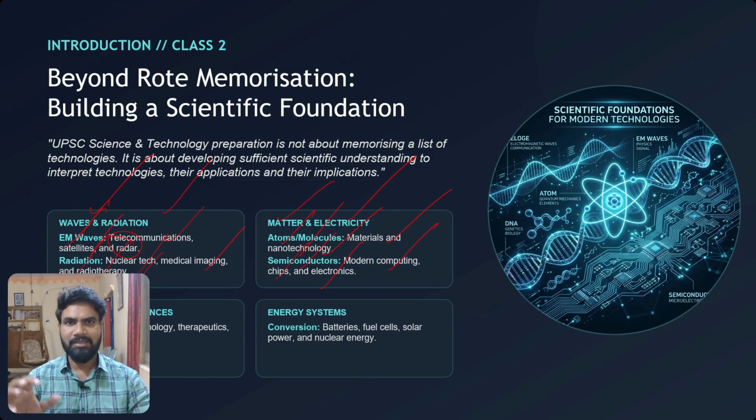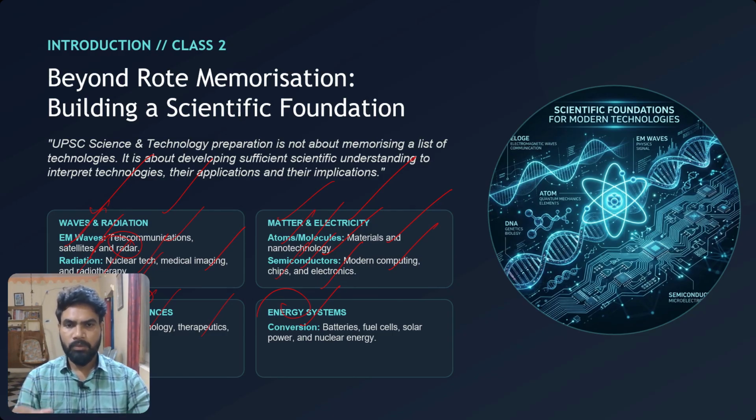Then, in the area of biology and the life sciences, there are the basic concepts of DNA and the cells. You have to know about DNA and the cells to further understand biotechnology, therapeutics, and gene editing. Then in the area of energy systems, there is a basic concept called conversion.